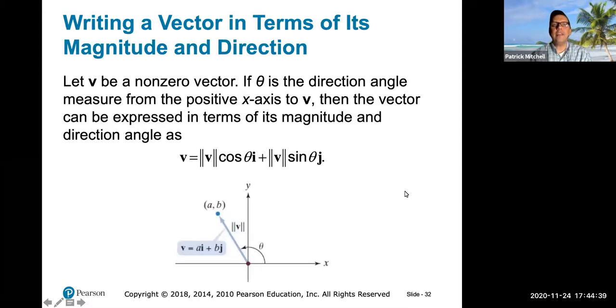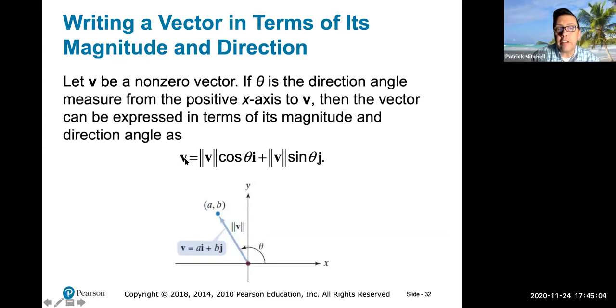All right. Next, writing a vector in terms of its magnitude and direction. If v is a non-zero vector and theta is the direction angle measure from the positive x-axis to v, so just look at the picture, then the vector can be expressed in terms of its magnitude and direction angle like this.